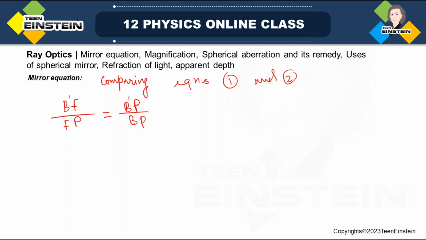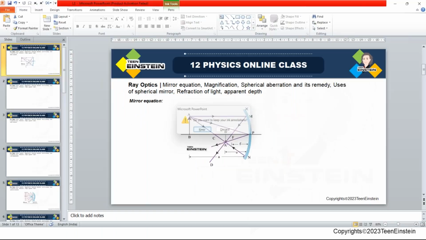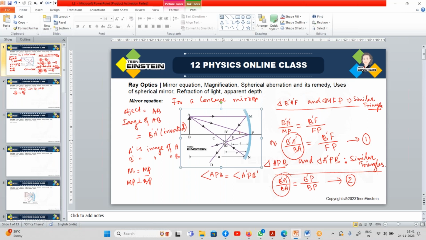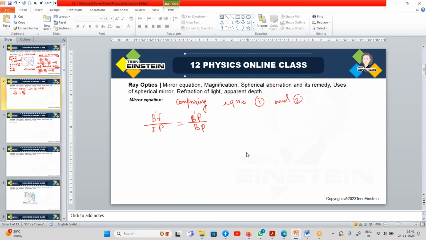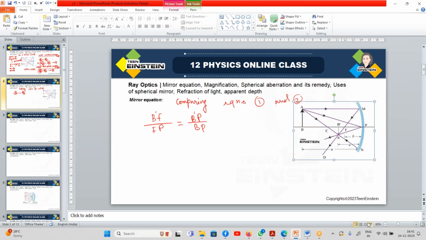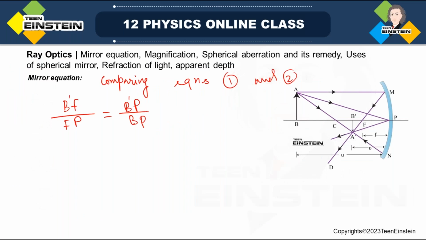I think I'll keep this figure here to make you understand the lengths properly. So B prime F, that means this particular length.